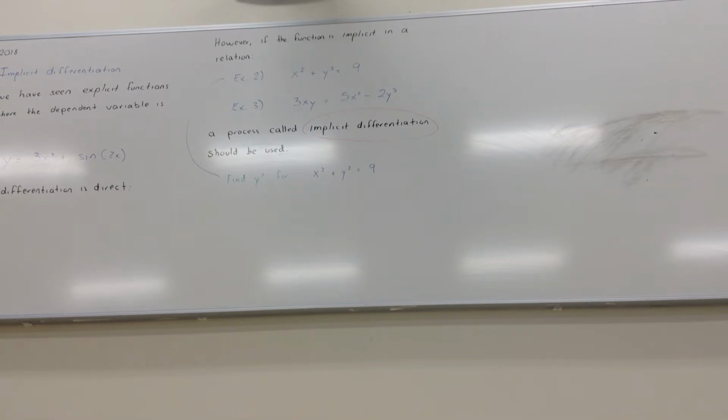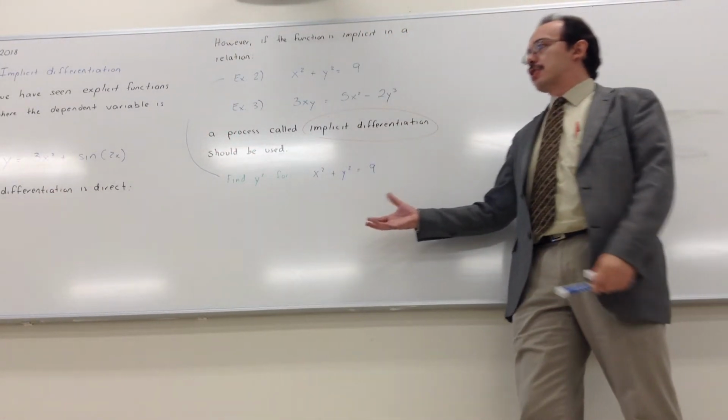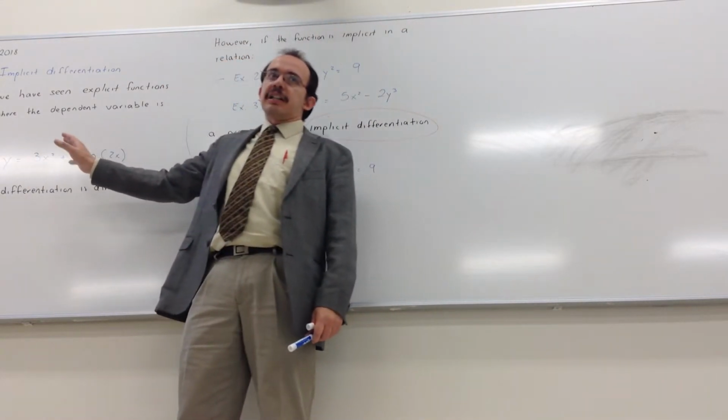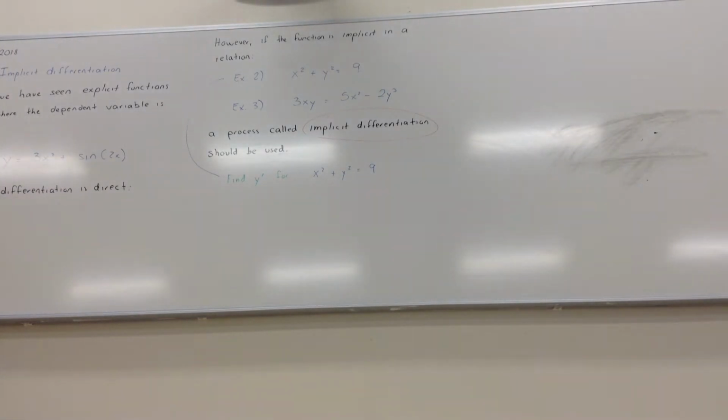Okay, so the idea for this topic is that so far we have seen explicit functions. What are explicit functions? Functions where the variable, the y, is isolated directly. For example, you have y equal to 3x squared plus sine of 2x. That's an explicit function because you have y equal to something. Okay? So if I want to find the derivative of that, you just follow the rules directly.